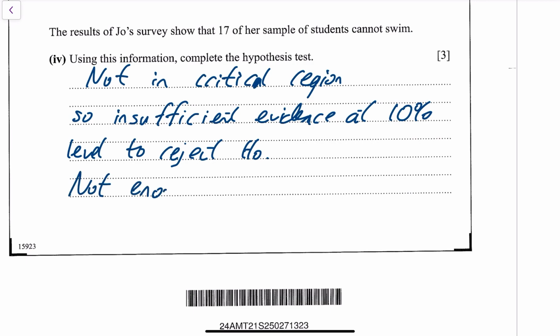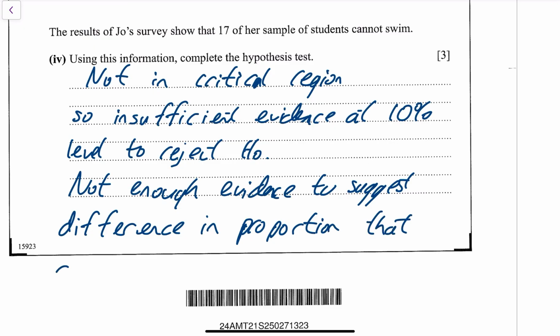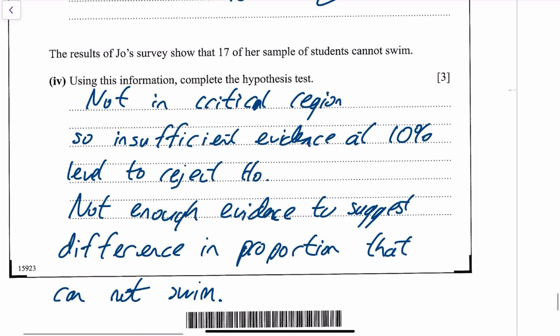So not enough evidence to suggest difference in the number who can swim, in the proportion that can swim, I would say. There we go, lovely, and that is it done. Check over your paper, that's always a good thing to do at the end of the exam, and that is us done.